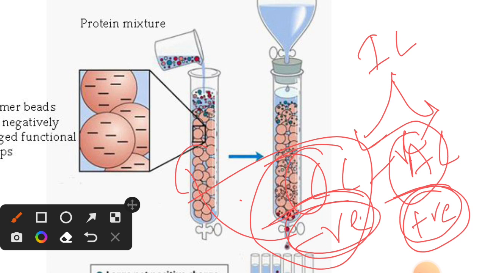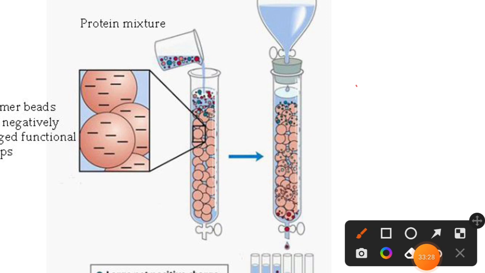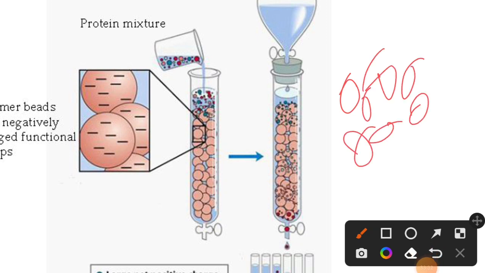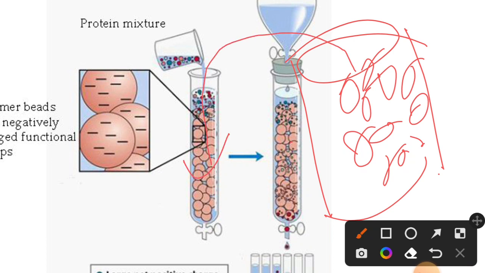Here I have shown you an example of two charged amino acids. Suppose there is a mixture of different charge groups, and now you are willing to separate it. So what can you do? Here the idea is you will prepare a gradient of pH, and that will help you separate them.